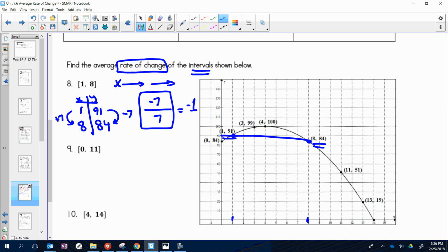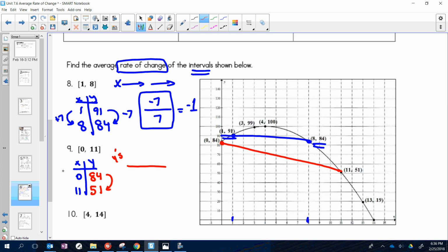Okay, next one, from 0 to 11. So x's, 0 and 11. Let's look at y's. Do this one in red. 0 is 84, and 11 is 51. Again, it's definitely going downhill. So I like to take a look at it on the graph. I got 84 and 51. So my rate, y's first, right?